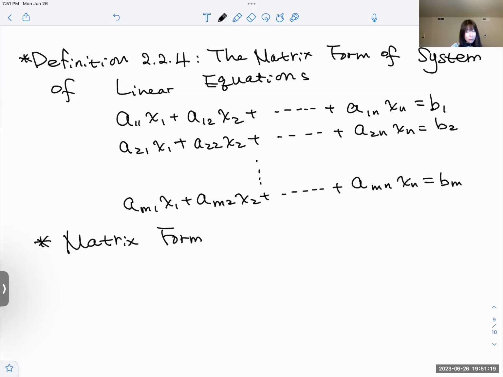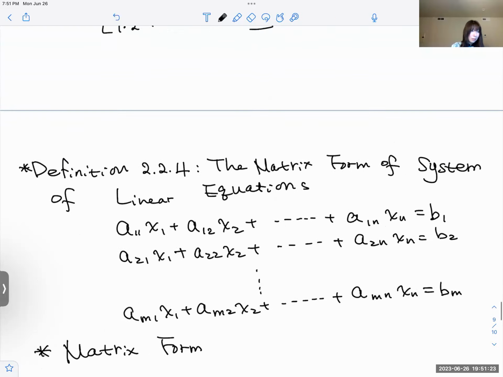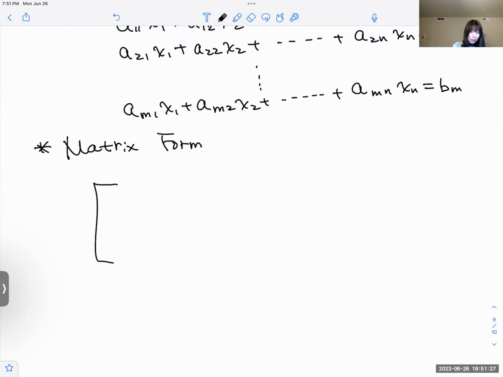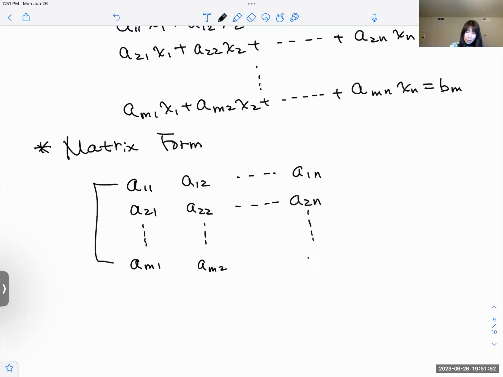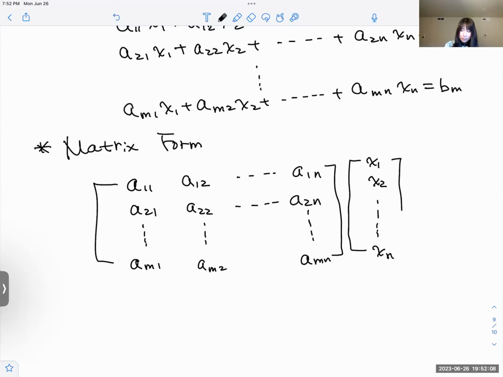So earlier we had a vector form. Okay, now we are writing down the matrix with entries a sub 1,1, a sub 2,1, a sub m1, a sub 1,2, a sub 2,2, a sub m2, up to a sub 1n, a sub 2n, a sub mn. Now x sub 1, x sub 2, x sub n, and constants b sub 1, b sub 2, b sub n.